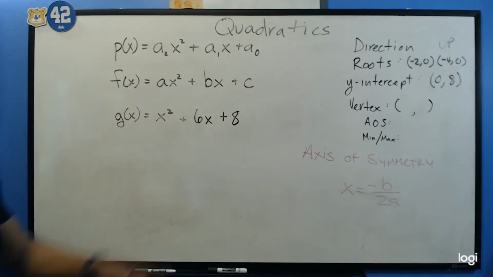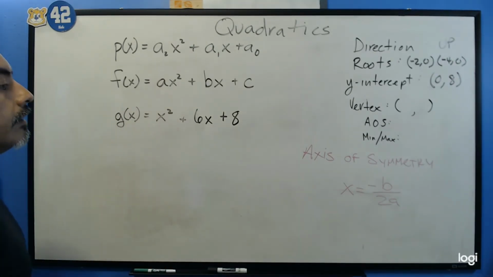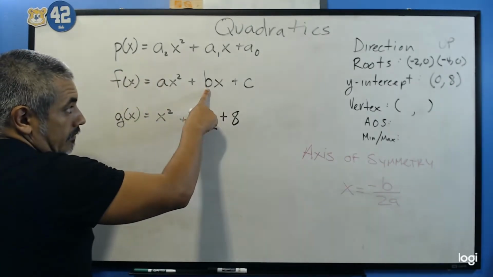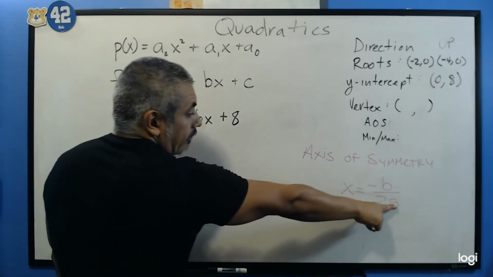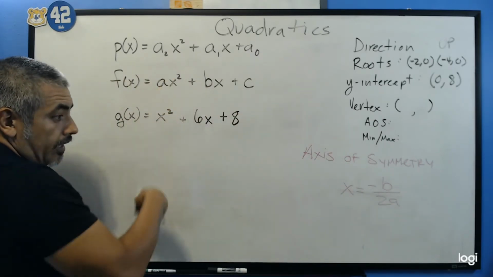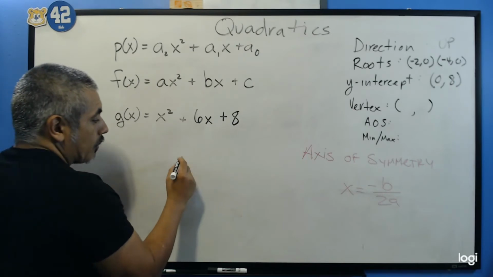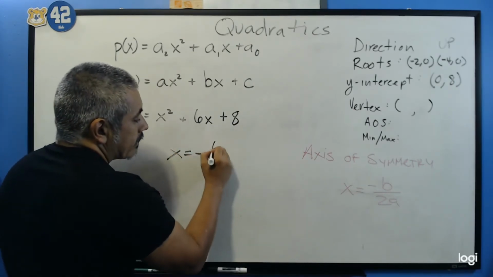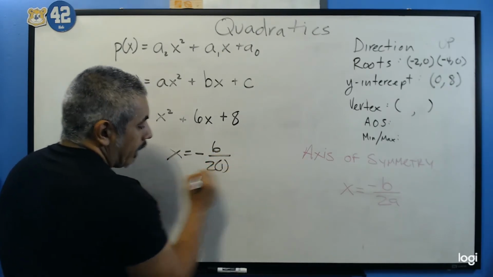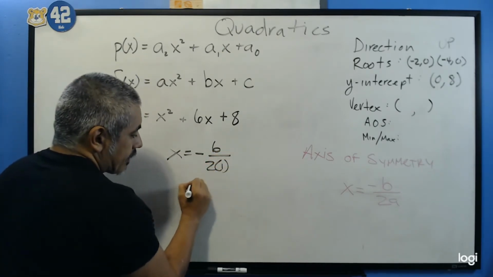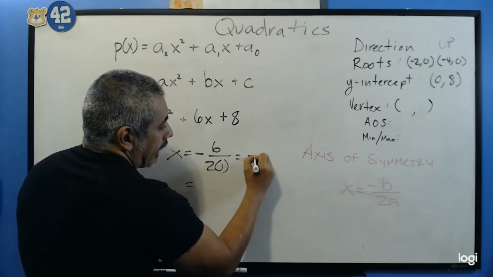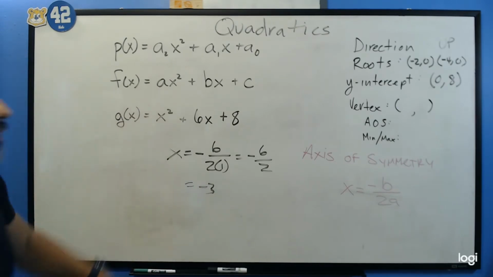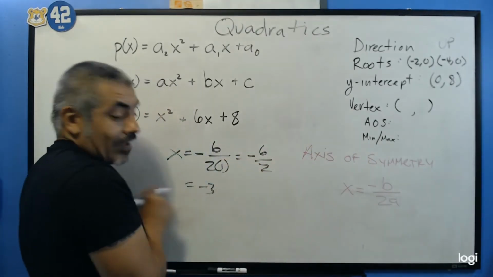So the axis of symmetry simply takes the value of b, in this case 6, and the value of a, which in this case is 1, plugs them in, and there we go. So x equals negative 6 over 2 times 1, which gives us negative 6 over 2, which gives us negative 3. So that means that our vertex has an x value of negative 3.